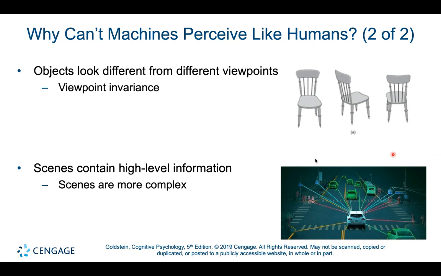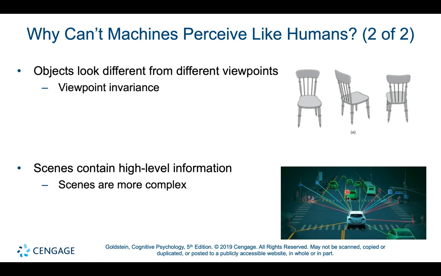And just add in, right, viewpoint invariance. As this car moves, as we maybe change lanes, the image of everything else in the environment changes, because now everything is at a different angle. But you still have to perceive those things as the same thing that they were before, right?